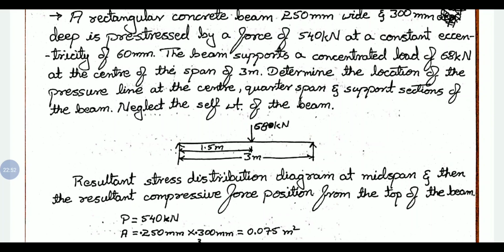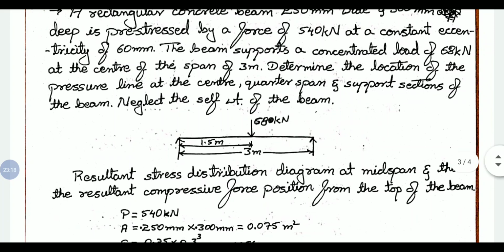So the total span of the beam is 3 meter, and it is supporting a point load or concentrated load of 68 kilonewton exactly at the center. You need to find out the location of the pressure line at midspan, quarter span and support sections. Since we are neglecting the self weight of the beam, no need to worry about it.